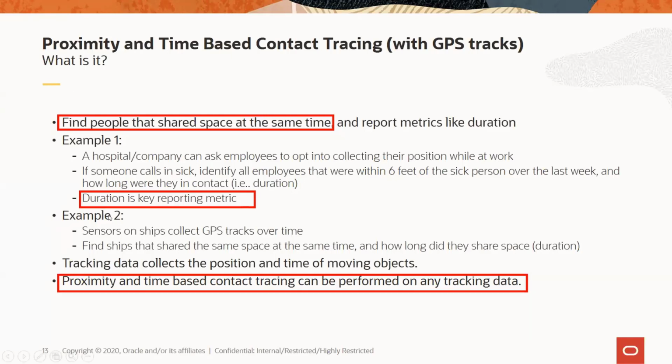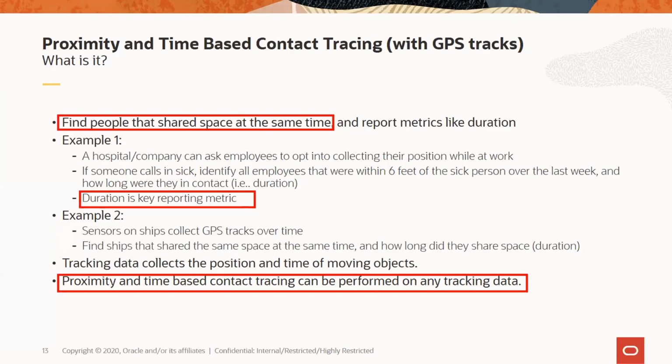Example 2, so this API is not really limited to just COVID type analysis, right? So this could be used for any kind of overlap, any type of GPS track overlap analysis. For example, ship tracks. You might have sensors on ships that collect GPS tracks over time.